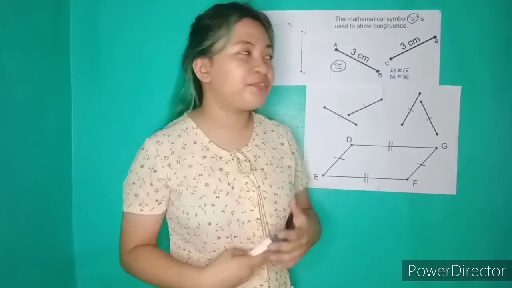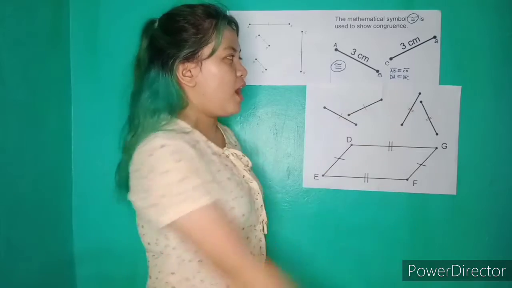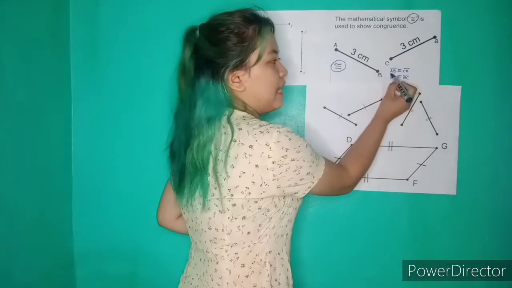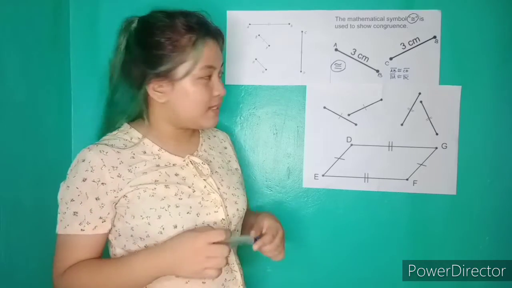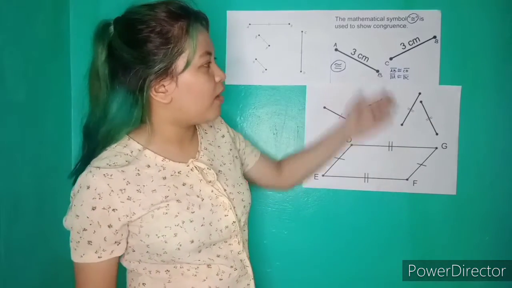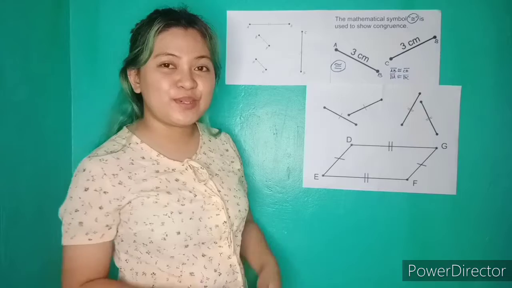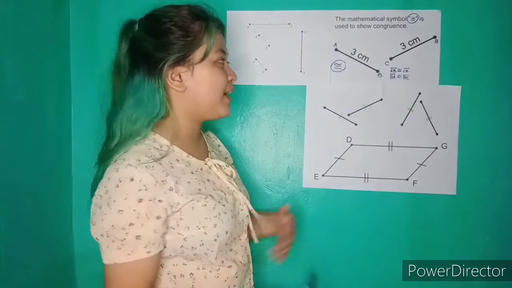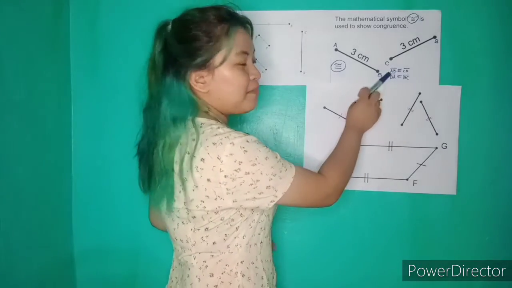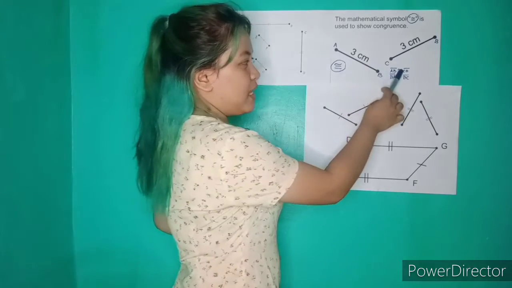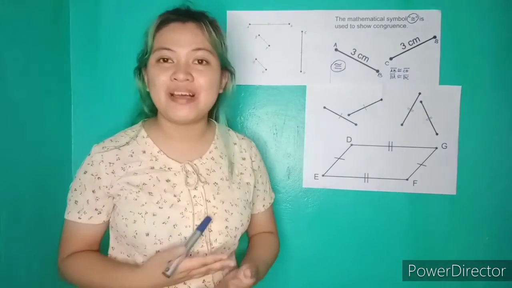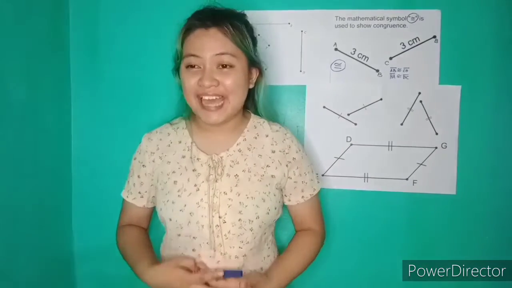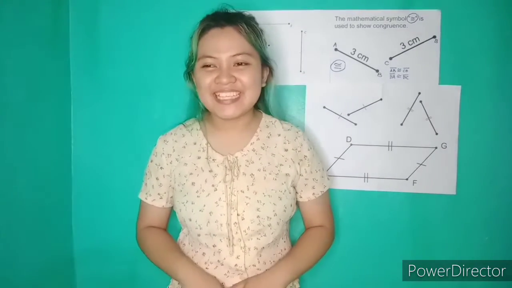For a quick review, we have a bar on the top of these letters, and we call that the line segment. It's a bar above two letters to show a line segment, because we're gonna read it as line segment AB is congruent to line segment CB because they have the same length. Did you all understand? Okay, yes, very good.